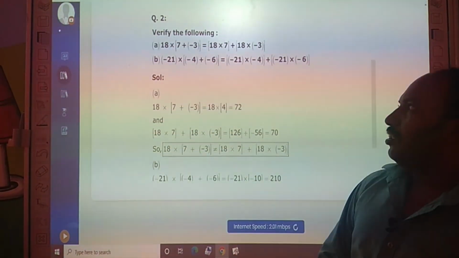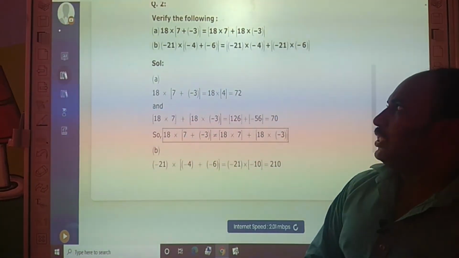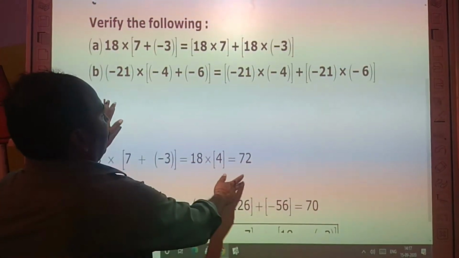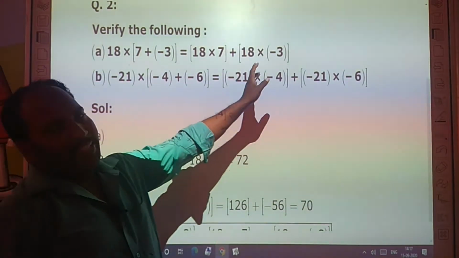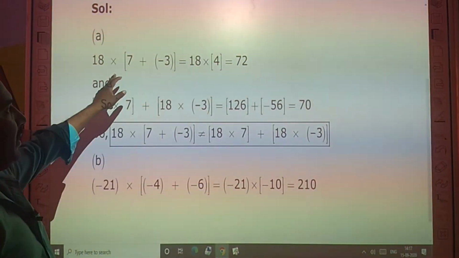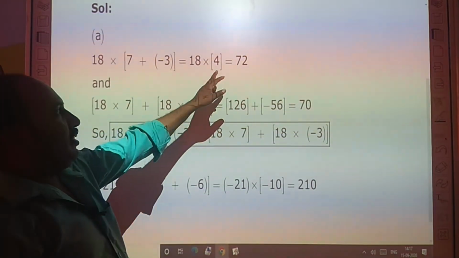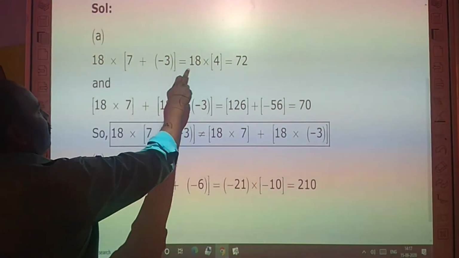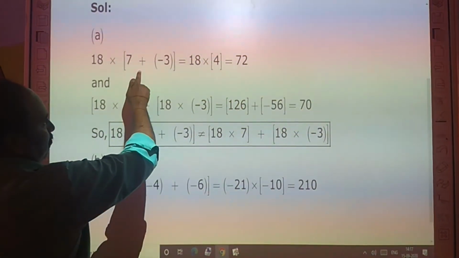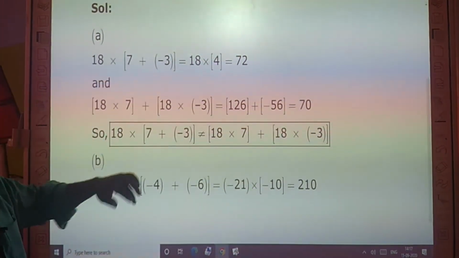And question number 2. Verify the following. A: 18 into 7 plus minus 3 is equal to 18 into 7 plus 18 into minus 3. We solve the first side. 18 into the bracket: the first term is 18, then the second term is 7 plus minus 3, which is 7 minus 3, equal to 4. 18 into 4 is equal to 72.